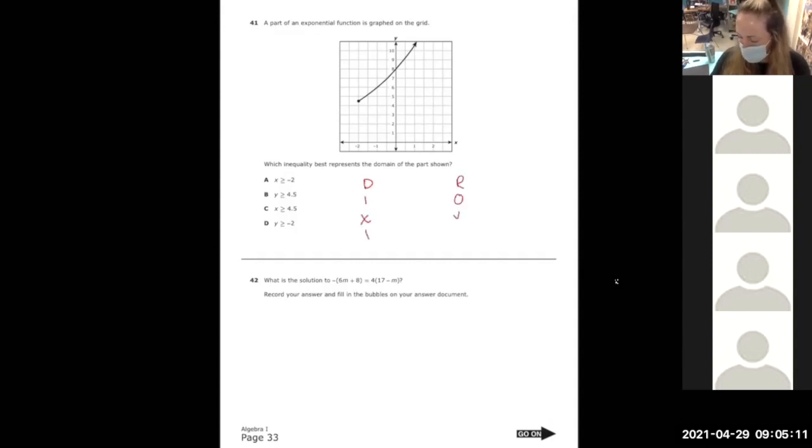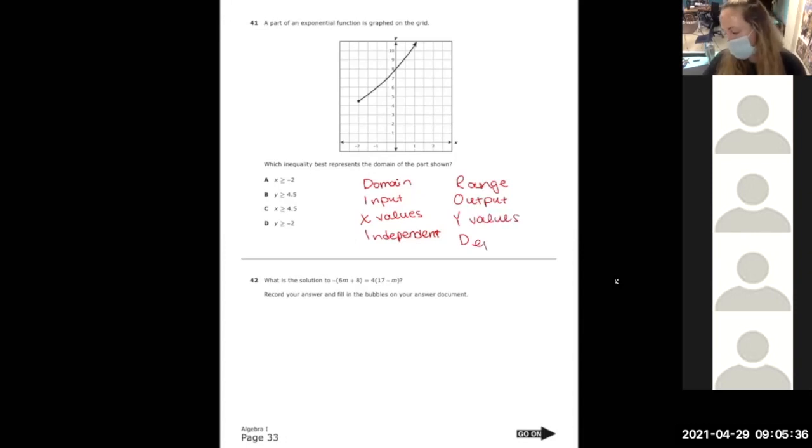It's a weird word, but it should help us remember that domain, input, x values, and independent variables all go together. And then range is the output, the y values, and the dependent variables.